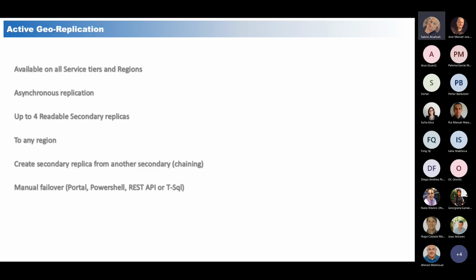Moving on to the next option, which is the active geo-replication. This feature is actually available on all the service tiers and all the regions. It will create a synchronous replication for your database where you can have up to 4 readable secondaries. You can configure it in the same region that you have, or you can configure it in a different region.